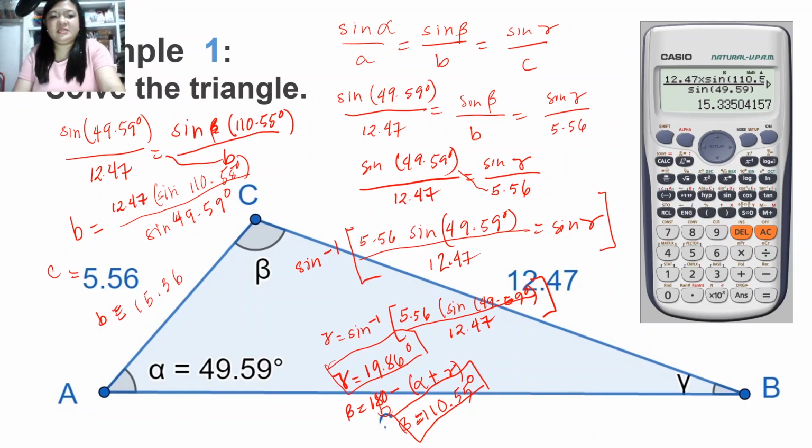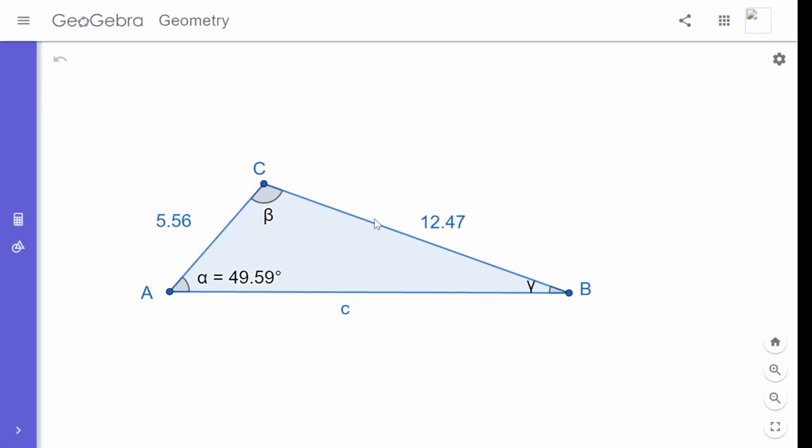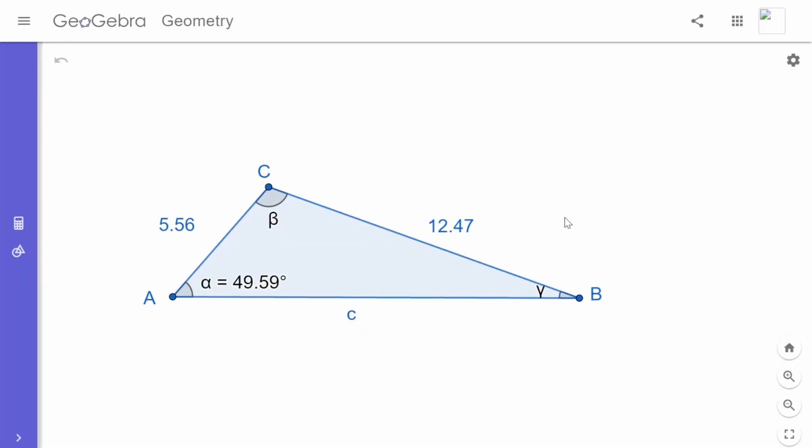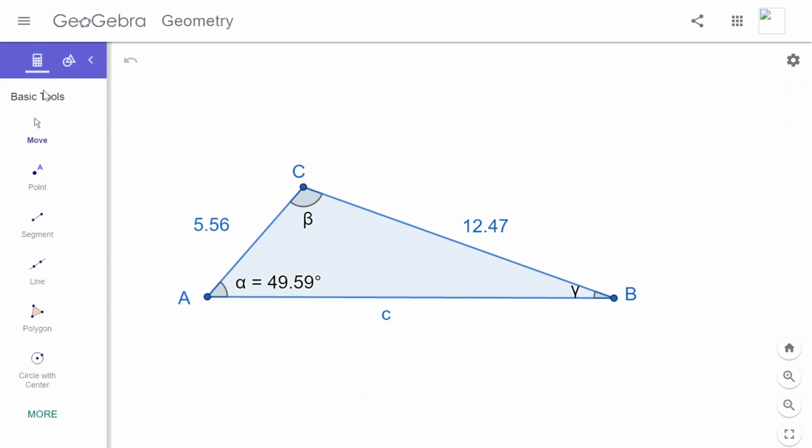Now let us see GeoGebra to check if our answer is correct. So this is the same triangle that we have in our example number 1. So let us see if our values are correct.